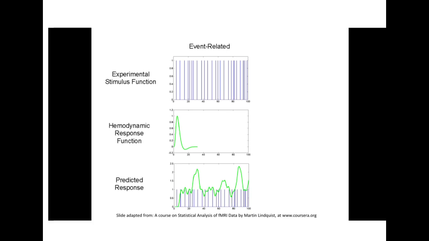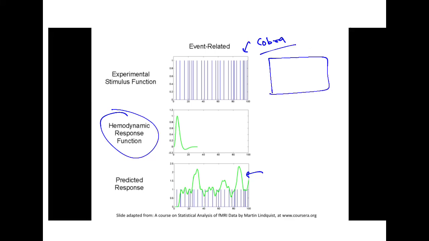So let's say this is the cobra image presentation, right? Each of these presentations is like half a second or a second, very short duration, but they are happening multiple times. Then what you do is convolve with the hemodynamic response function, and you will get a signal that you see like this. Now what you can also do is the non-cobra.